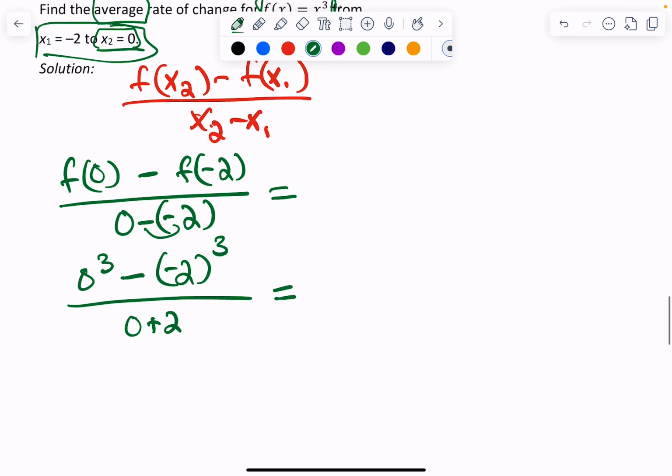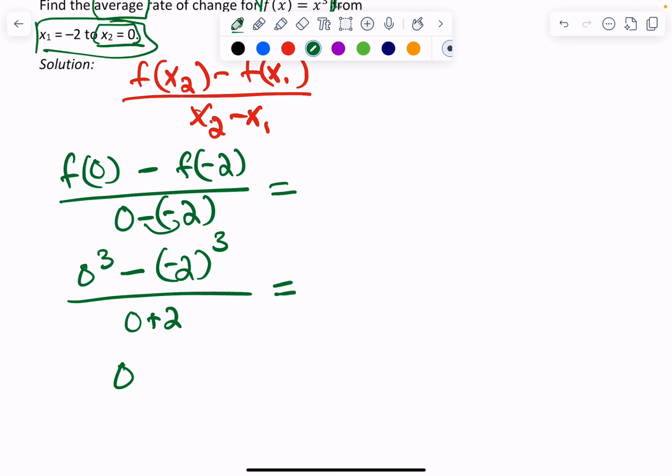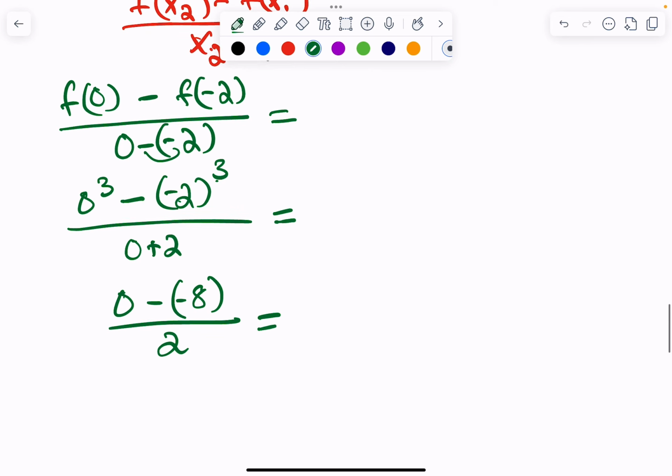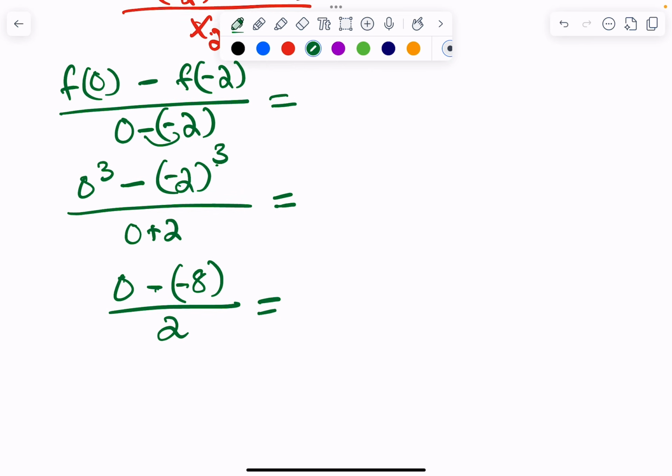Okay, 0 cubed is 0. Negative 2 cubed is going to be negative 8. And 0 plus 2 on the denominator is going to be 2. So a negative and a negative becomes a plus, and 0 plus 8 is 8, so 8 over 2 is going to be 4. That is our average rate of change.